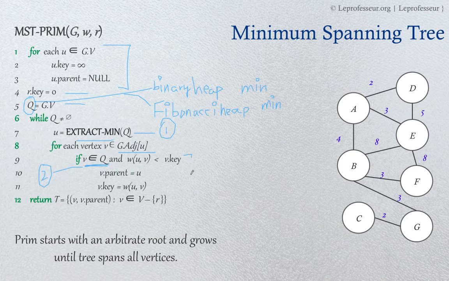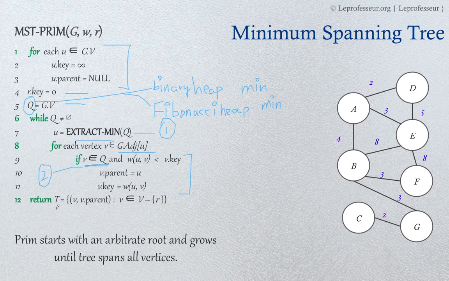And we execute lines 9 to 11, which makes sure that we select the minimum weight edge while we progress, or span, through the graph. That also will make sure that we won't have any cycle in the tree.